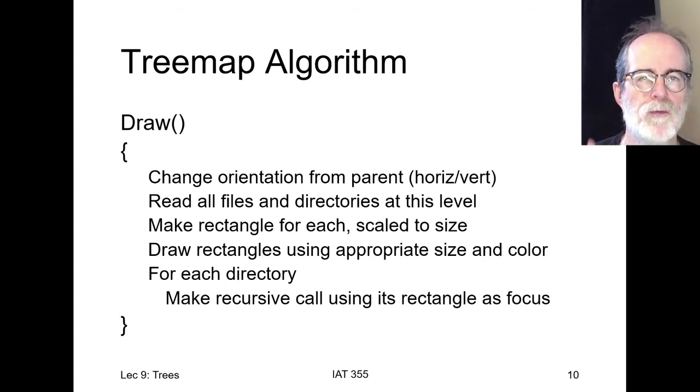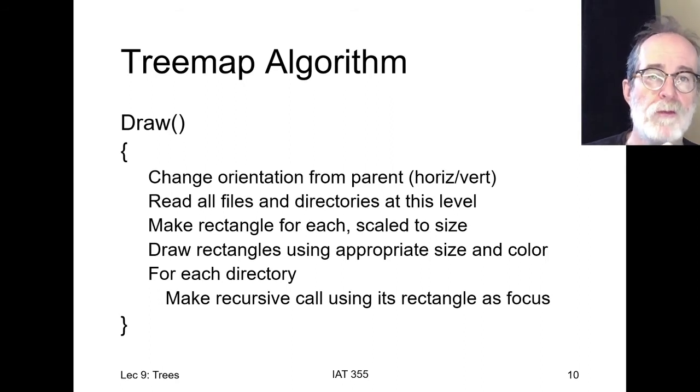So the basic concept, particularly as shown in the first still slide with the file system, is the draw concept: you take the entire data set, and this is a recursive function, change the orientation from whatever your parent was, from horizontal to vertical or from vertical to horizontal, read all the stuff that you've got, make a rectangle for each, scaled to size, and then draw rectangles in the space that you have allocated to yourself of the appropriate size and color.